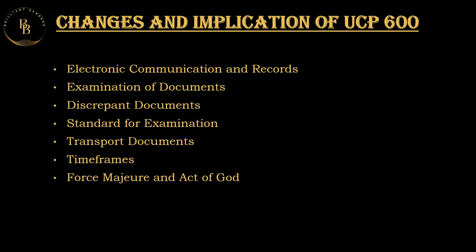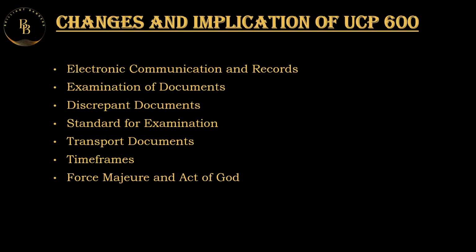In short, what were the things that happened? Electronic communications were used securely. The examination of documents was done carefully, which streamlined the process and reduced potential delays. This also helped in resolving issues more efficiently.